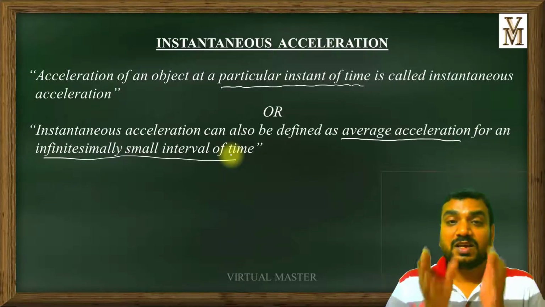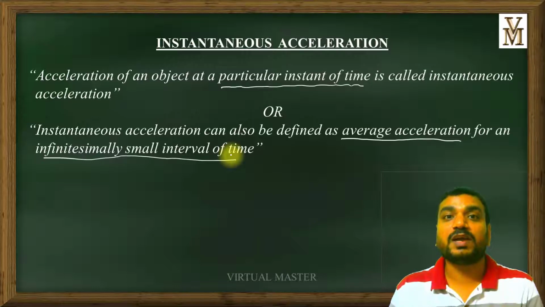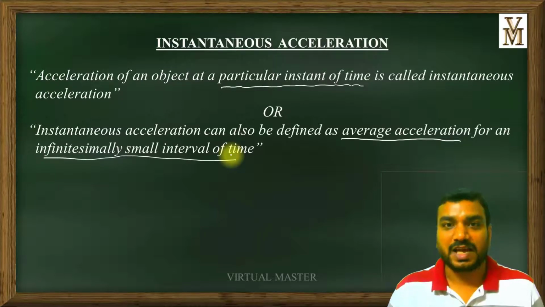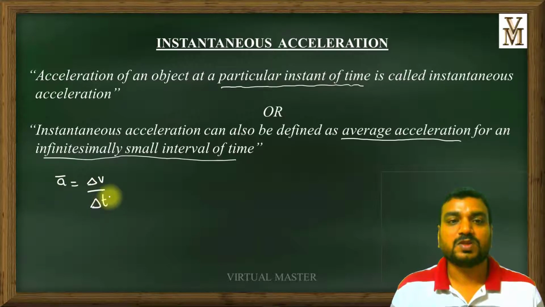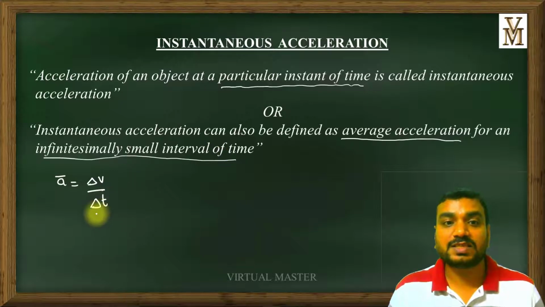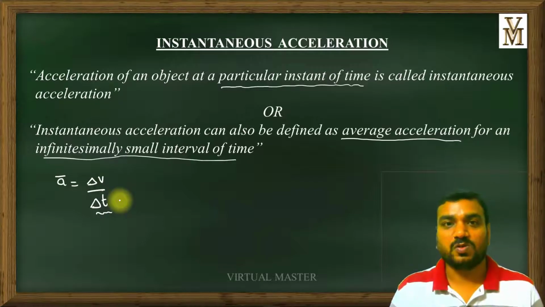So what it means is, in order to find the instantaneous acceleration, we have to use the same formula of average acceleration, but that formula should be applied for a small period of time. We know that average acceleration can be written as a bar equals delta v divided by delta t. According to this definition, we have to make this delta t a very small quantity.